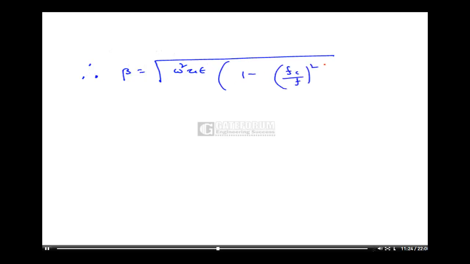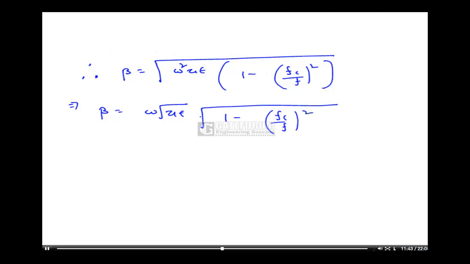Therefore, I can mention beta as square root of ω²με into [1 minus (fc/f)²]. This implies beta is equal to ω square root of με into square root of 1 minus (fc/f)².